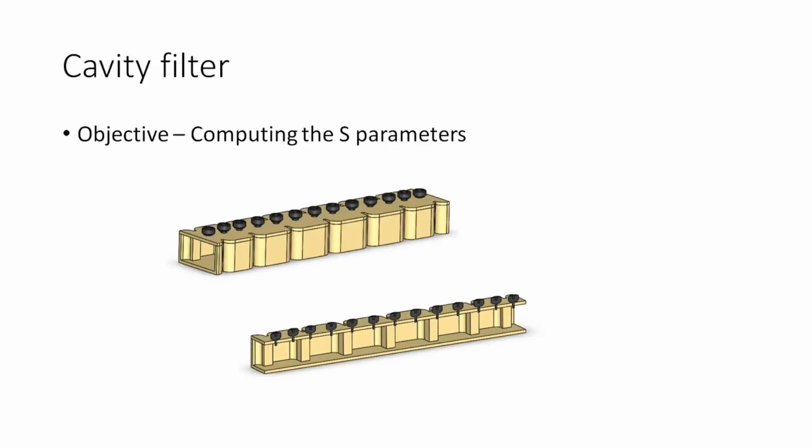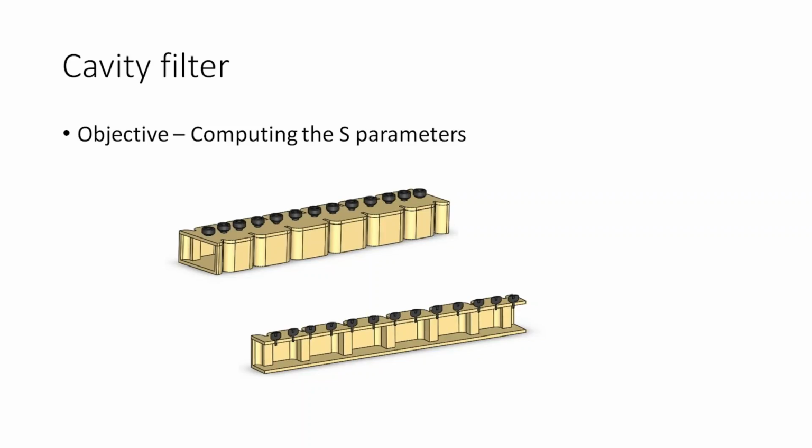Now this is the cavity filter that we have today, and obviously the objective is to compute the S parameters and see how this design of the filter performs within a particular frequency range. You notice here that there are many screws in the model. I have taken a section view here.